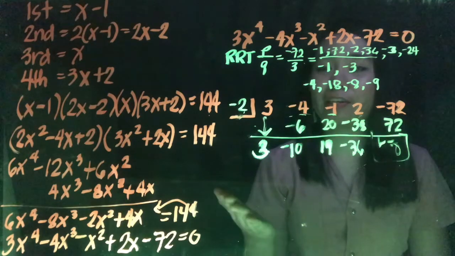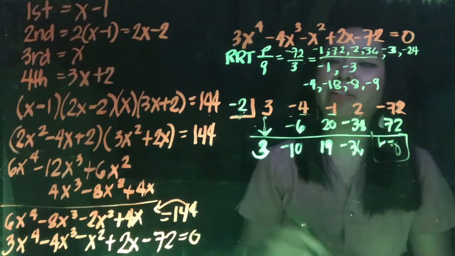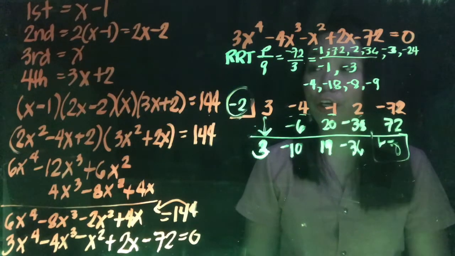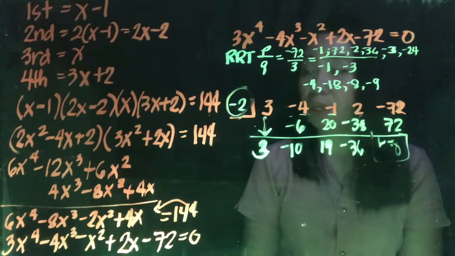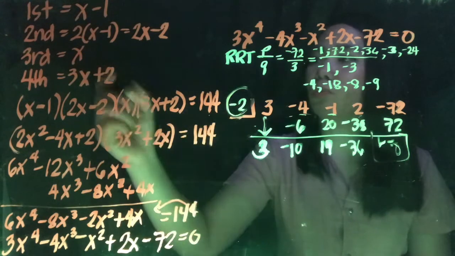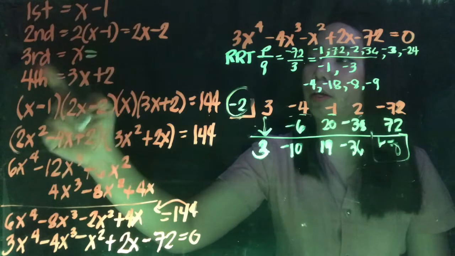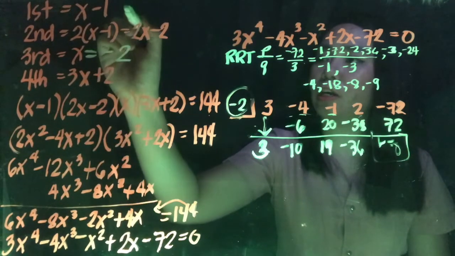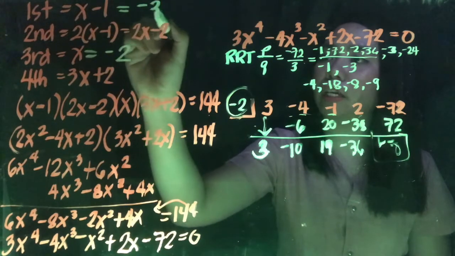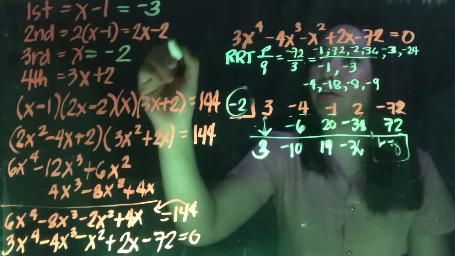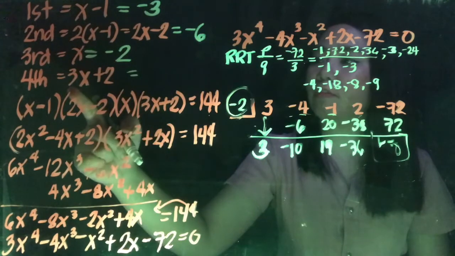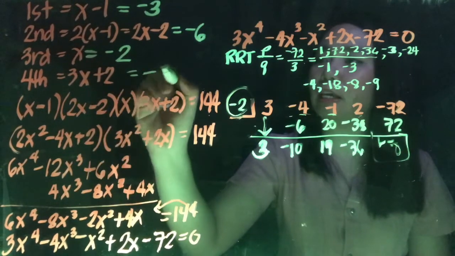Actually, in solving these kinds of problem, once you found out one answer, you can try this to check whether this is correct or not. So going back, we now have here negative 2. So your third integer is negative 2. So substitute it here. So you have there negative 3. Now we also have here negative 6. And last one we have here negative 6 plus 2 is negative 4.